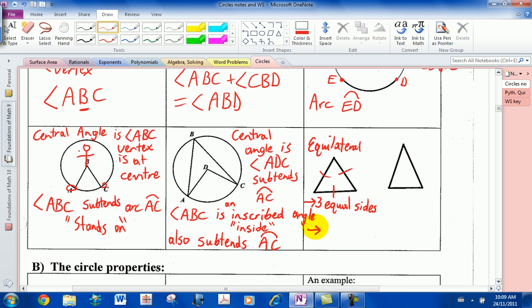Simran? Exactly. We have 3 equal angles. So without telling you any information except that we have an equilateral triangle, what's the value of each angle? Julie? Good job. 60 degrees. Okay. So each angle is 60 degrees.